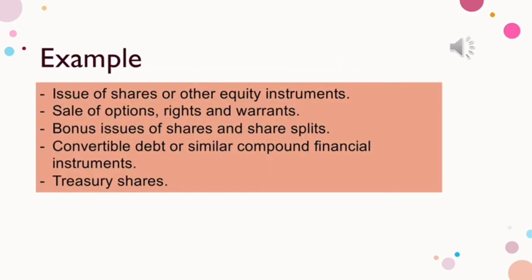These are examples for financial liabilities and equity: issue of shares or other equity instruments, sale of options, rights and warrants, bonus issues of shares and share splits, convertible debt or similar compound financial instruments, or treasury shares.